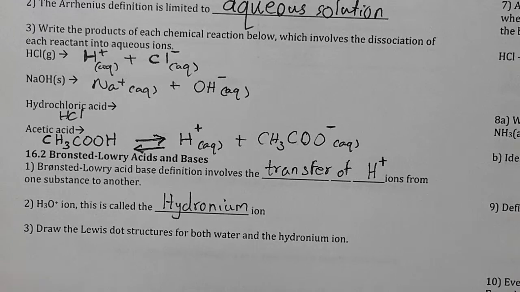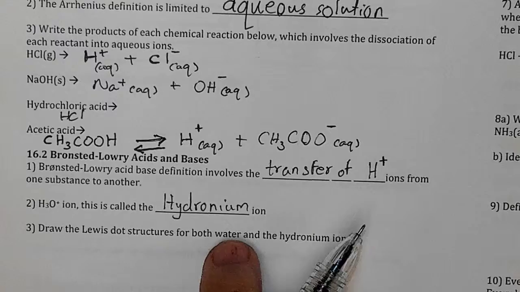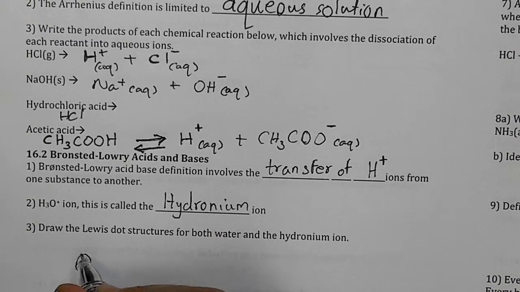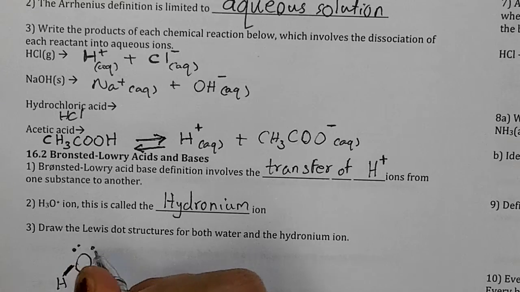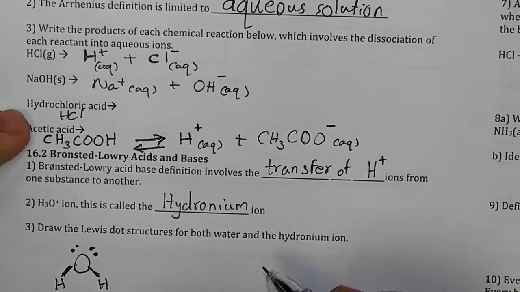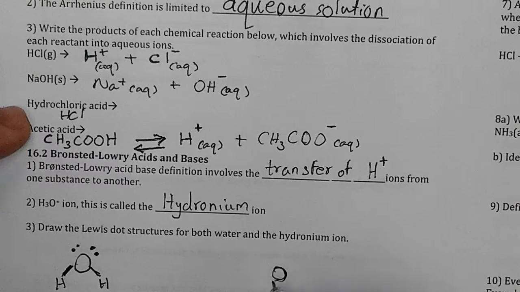It's the same thing. So let's talk about Lewis dot structure for both water and hydronium. So how does water look? Right, H2O, O with 2 H's. We know it's bent, so I'm going to draw it bent. And then we're going to have 2 lone pairs. How would hydronium look? Well, first of all, it's going to have 3 H's. So probably something like that.